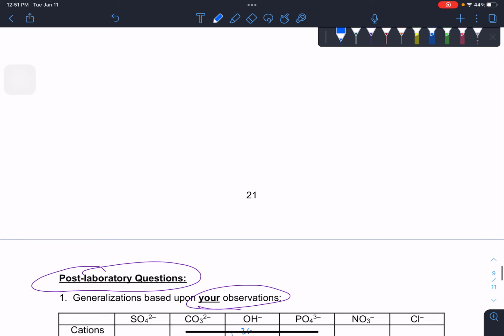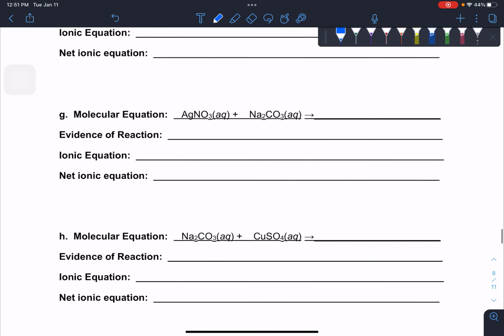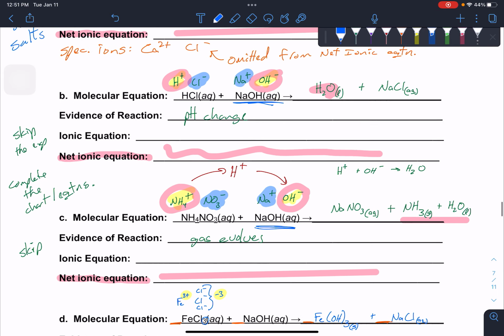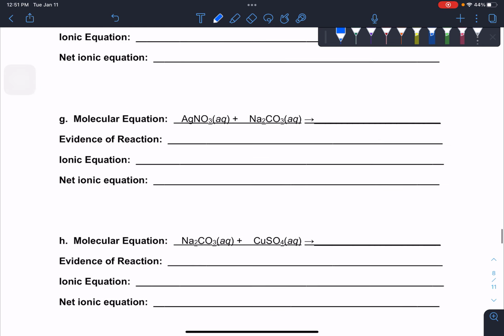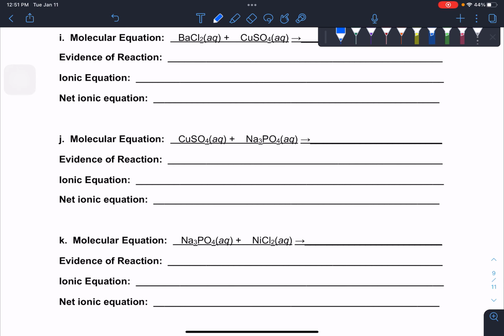Does hydroxide interact other places? I can't remember. It might. It doesn't. Okay. So I'm actually filling out that entire thing. Some of these, and phosphate.